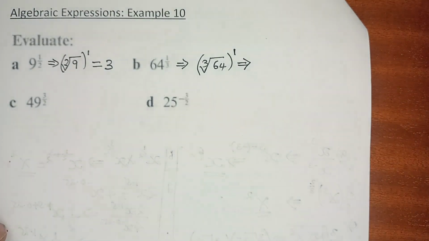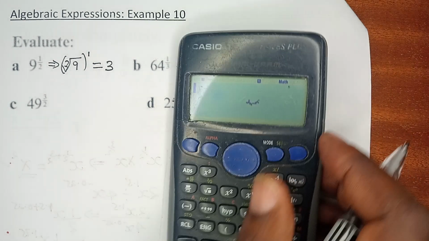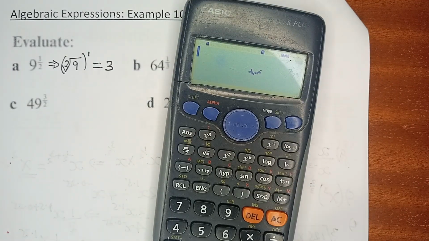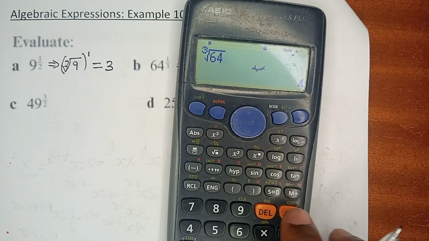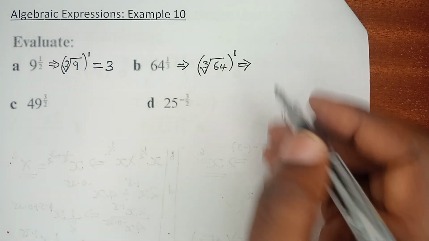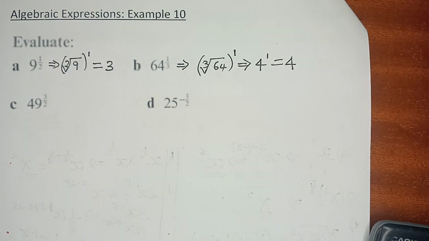And incidentally, I don't know whether people know how to get the third root of any number. So we talk about the third root of 64 equals 4. So 4 raised to power 1 is the same as just 4. And that is the end of that question.